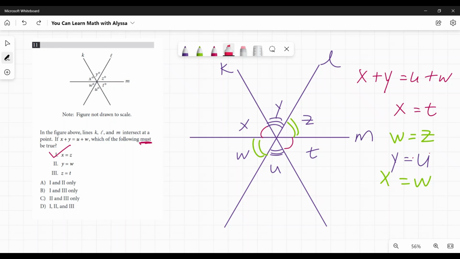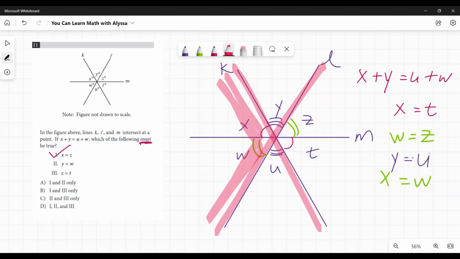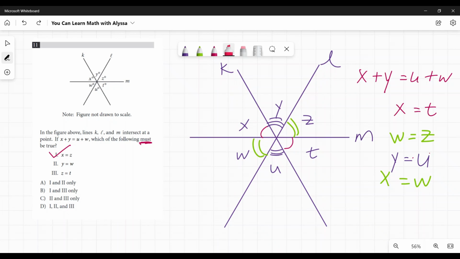There's even something else we can learn about this. If we look at this graph, this chart, this drawing, I'll get it right eventually. Another thing you can see because of these vertical angles, you could just look at these two lines intersecting, which means this angle is equal to that angle. And you can do that all the way around.